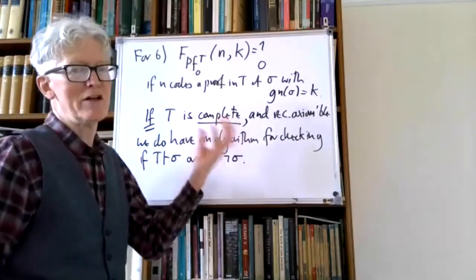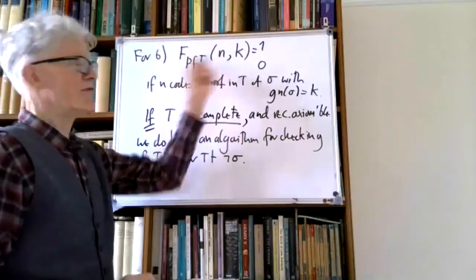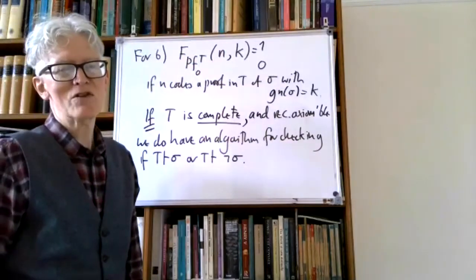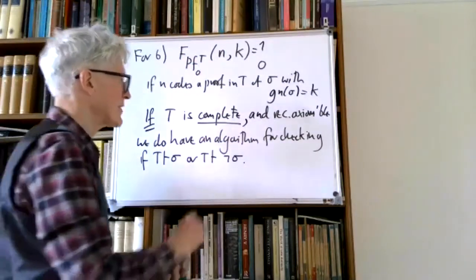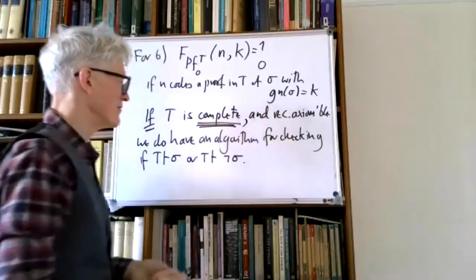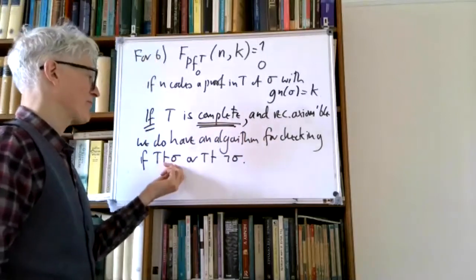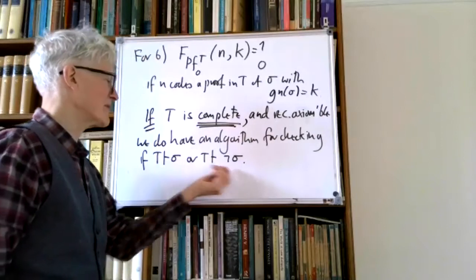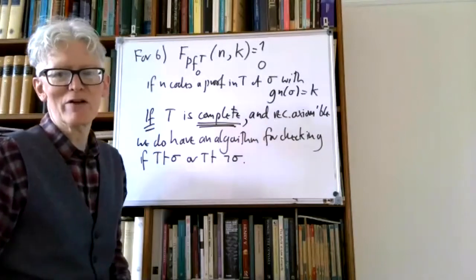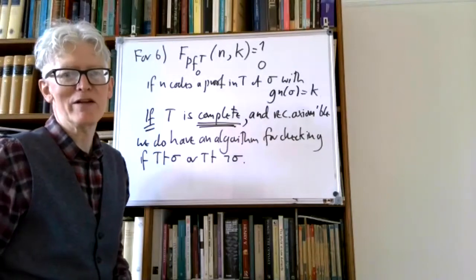We run the machine that checks different numbers and looks for their last lines. Because we're assuming it's complete, we know T either proves sigma or not sigma, so one of these two will occur. We don't know when necessarily, but we know that it will happen.